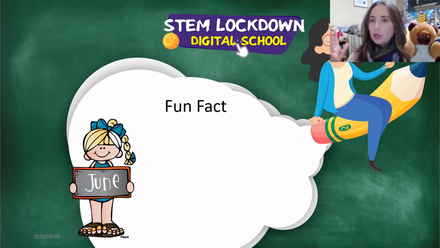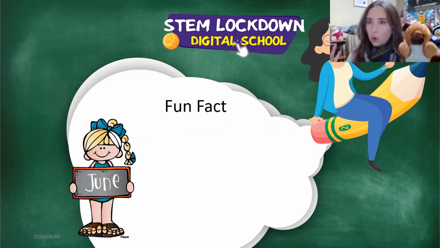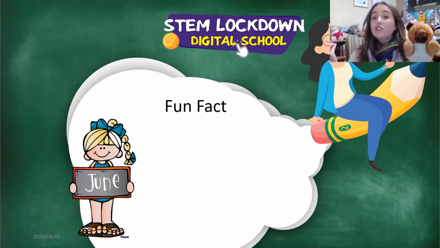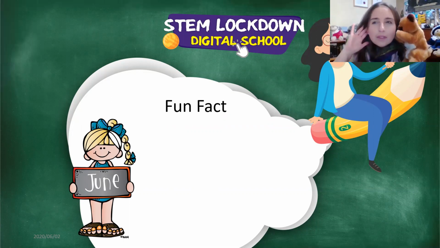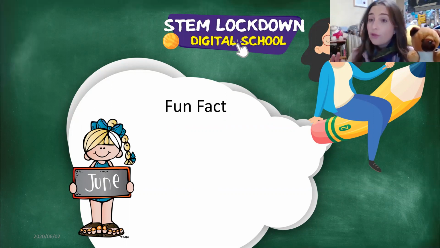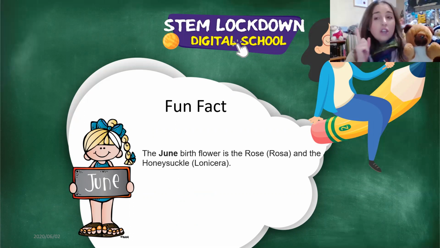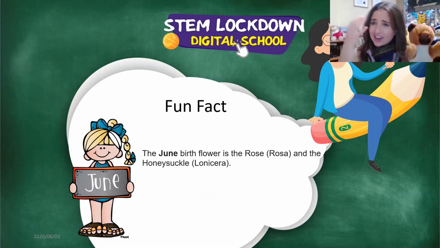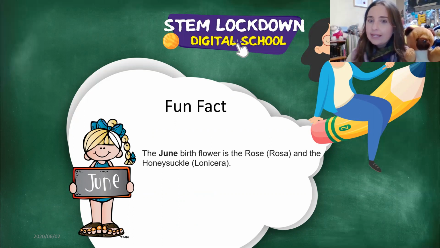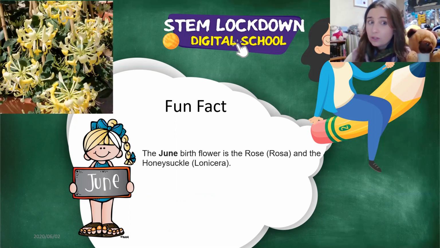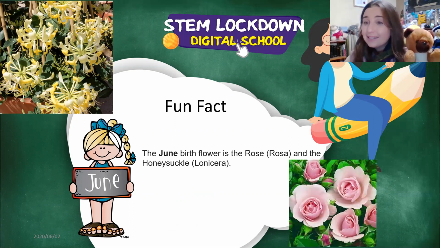Fun fact about June. Yesterday we learned about the longest day and the shortest day, and that June is the 6th month of the year. But I have got another one for you. June also has a birth flower. So if it's your birthday in June, happy birthday, because your birth flower is the rose and the honeysuckle.